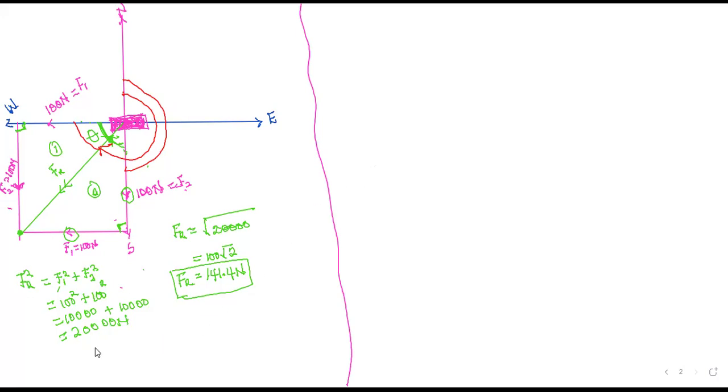Okay, so if you have two vectors and they are acting at an acute angle with each other. Example, I have this axis. Then I have the vertical axis.